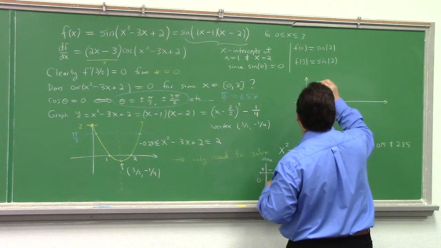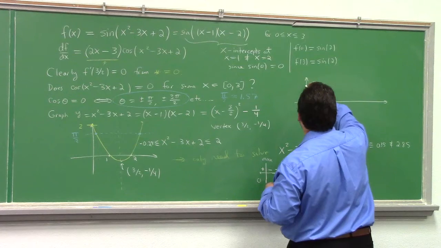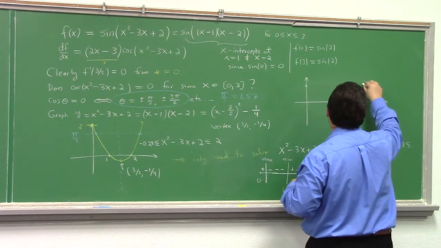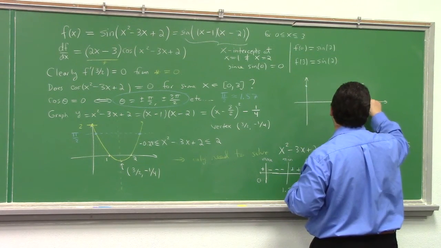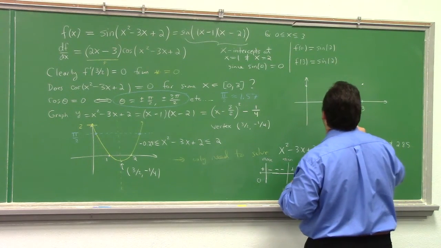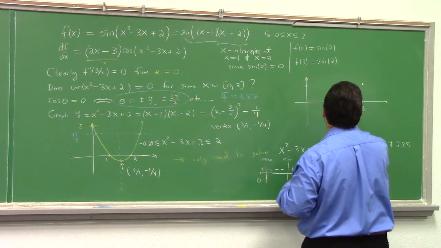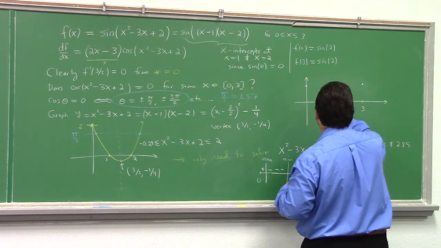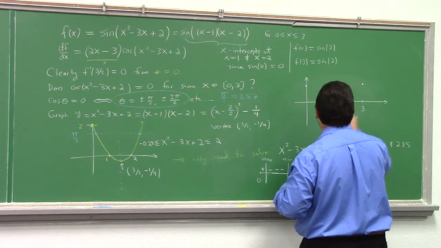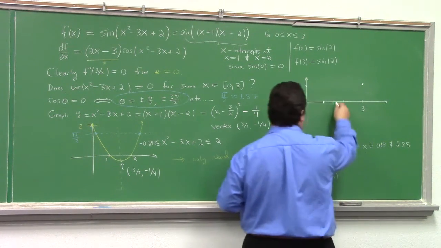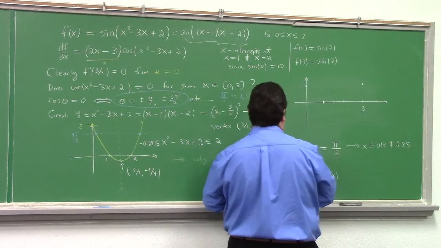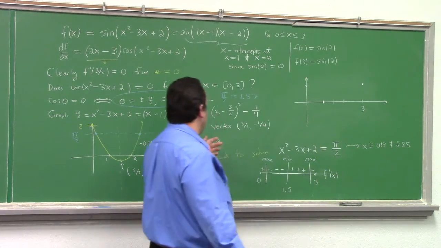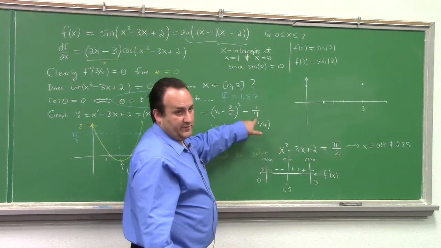So let's see here. It starts out at sine of 2, and it ends at sine of 2. It's 0 at 1 and at 2, right? It has a minimum at 1.5. And when you plug in 1.5, you get minus a fourth here.